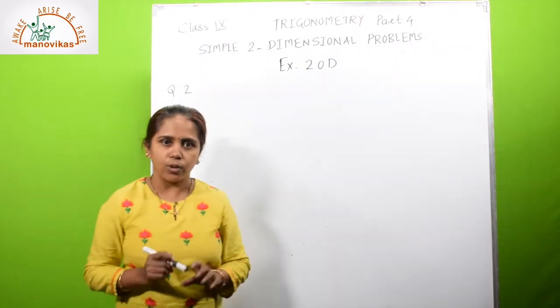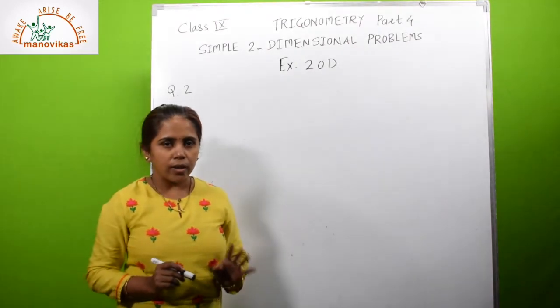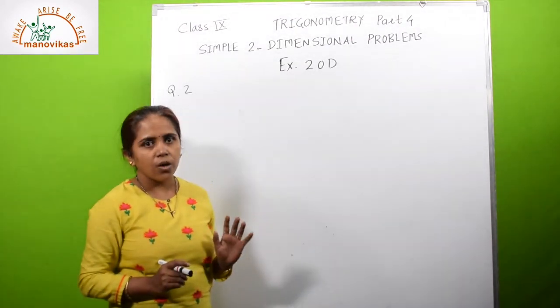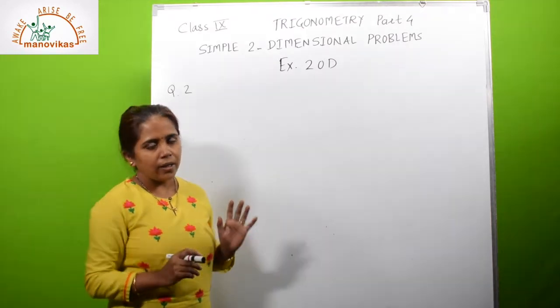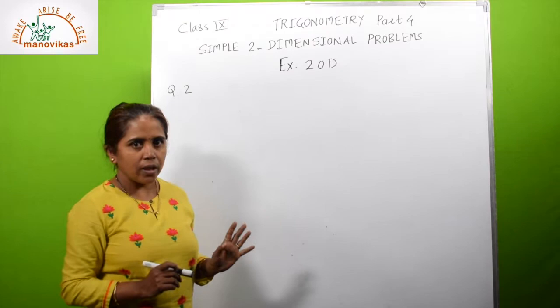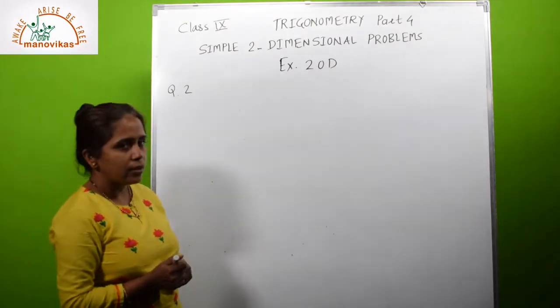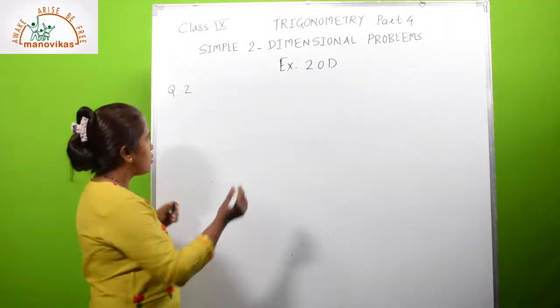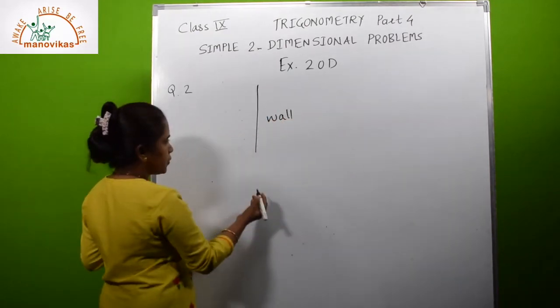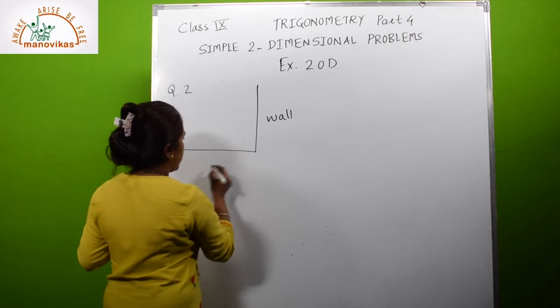First, read the question properly. Then, using the given conditions, first we have to draw the figure and then write down what is given in the question according to that. Here it is given that a ladder is leaning against a wall. So suppose this is the wall, this is the horizontal plane.